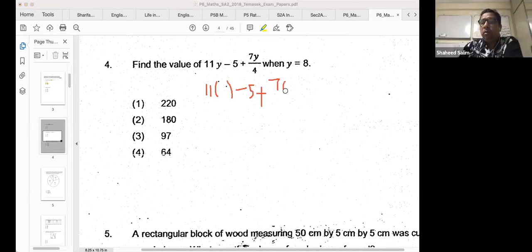Okay, here we go. We put in the value of 8 down here. 11 times 8, 88, minus 5, plus 7 times 8, 56. So 56 divided by 4. Which one do you do first? You do the divide first. So what do you get?